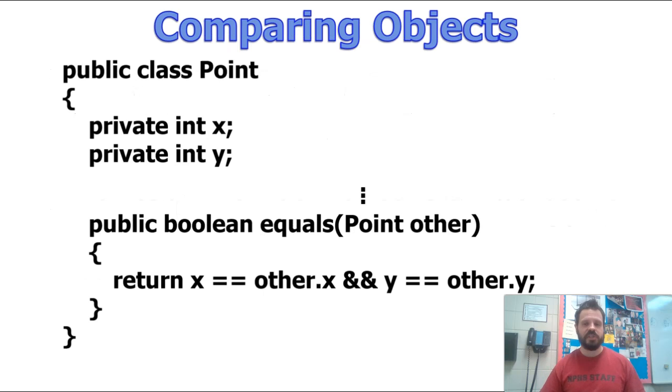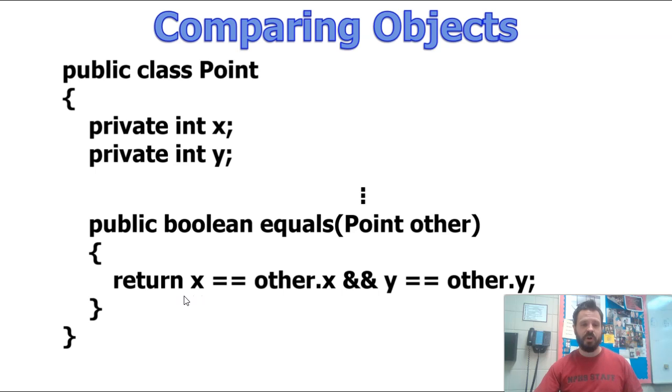So let's look at what this could look like for our Point class. Again, a point stores an x and y value, and we'd want to say two points are equal if they have the same x's and y's. Well, that's what we'll do here. We'll make a method. We'll override the equals method. We'll say public boolean, so returning true or false, equals, and then we're going to pass into it another Point.